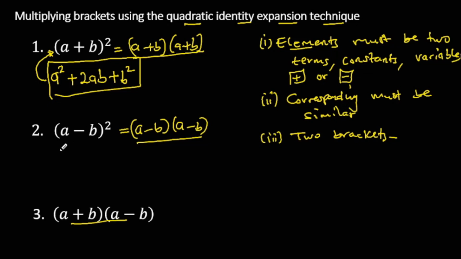For the second case, the difference with the first one is this negative sign. But the procedure of the expansion is the same. So you take the first element and square it, and that's going to give us a squared. But since they are separated by the negative sign, you must put a negative sign. Then find the product of the two and double that. The product of a times b is ab, then ab doubled is going to be 2ab.